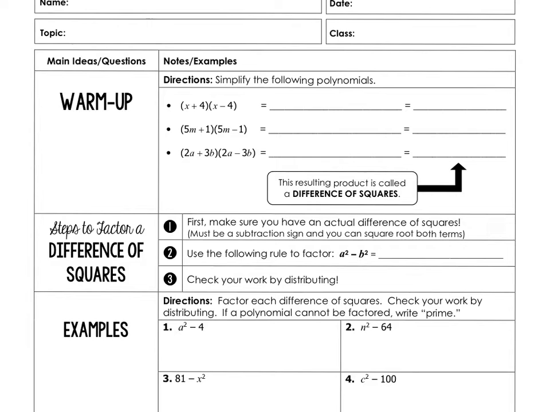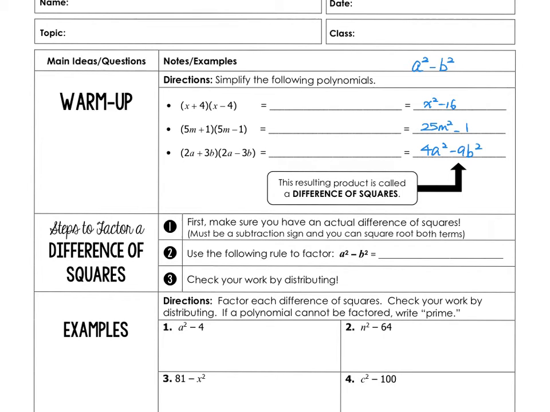Okay? So you already have the notes from the previous video, but I want to abbreviate the steps. The concept of difference of squares is that you have two terms, and it's really the first term squared minus the second term squared. That's what you see at the bottom here.